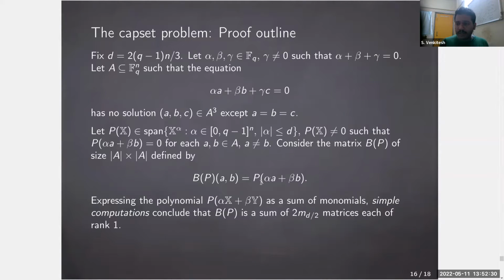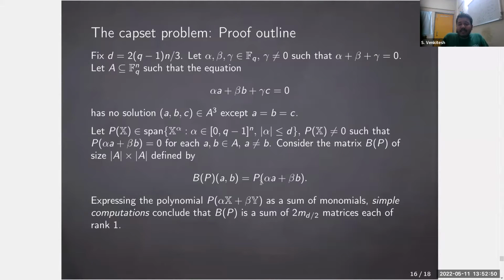Look at the expression, but now in 2 indeterminates. Since the evaluations are alpha a plus beta b, one might as well consider the formal polynomial p of alpha x plus beta y for 2 sets of indeterminates x and y. Now write them down as a sum of monomials.